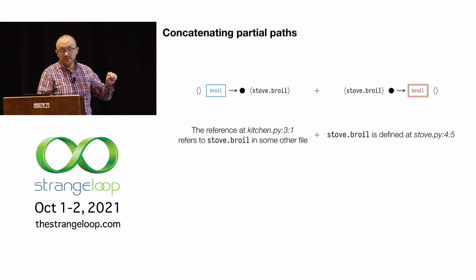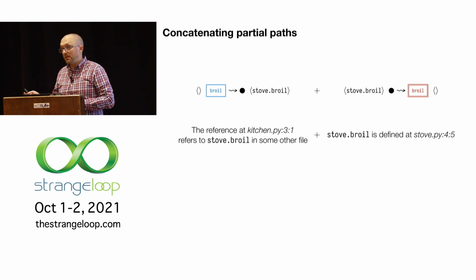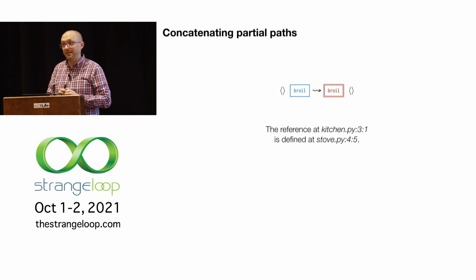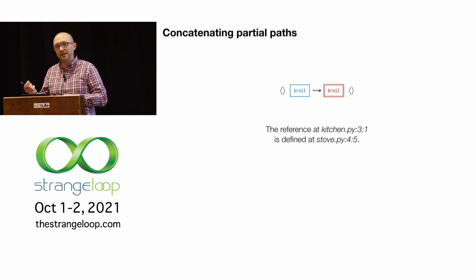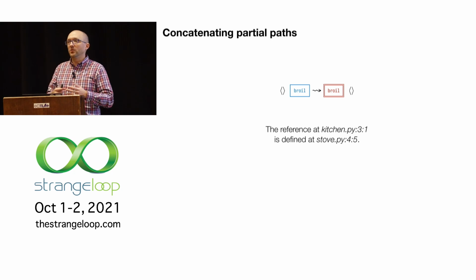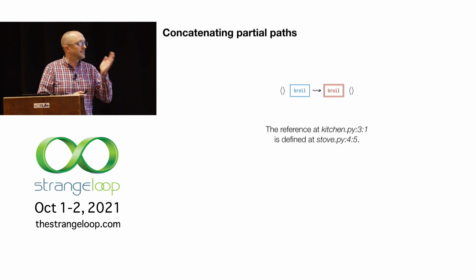And the postcondition of the left and the precondition of the right have to be compatible with each other. If they are, you can concatenate these two partial paths together. And this partial path, which starts at a reference and ends at a definition, is a complete partial path. It's a silly name, but that's what we call it, which represents that overall name binding result. It starts at the reference, it ends at the definition, it tells you a valid mapping from one to the other.